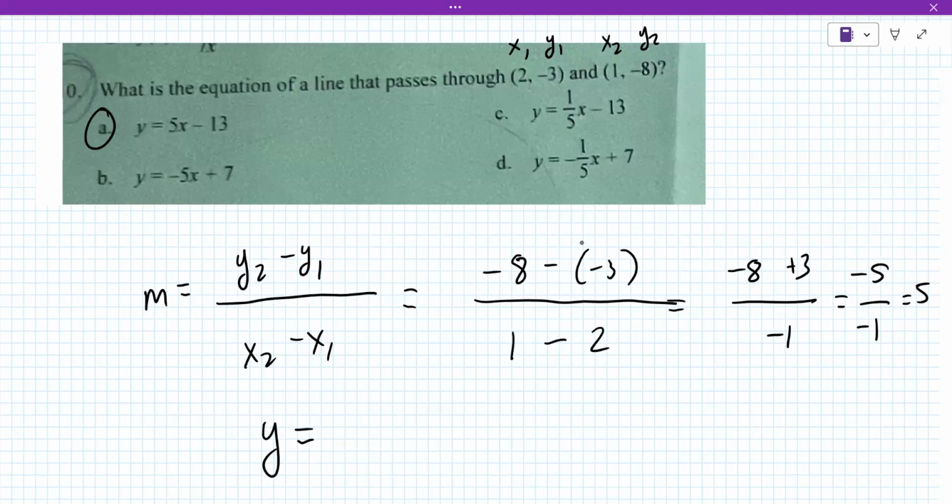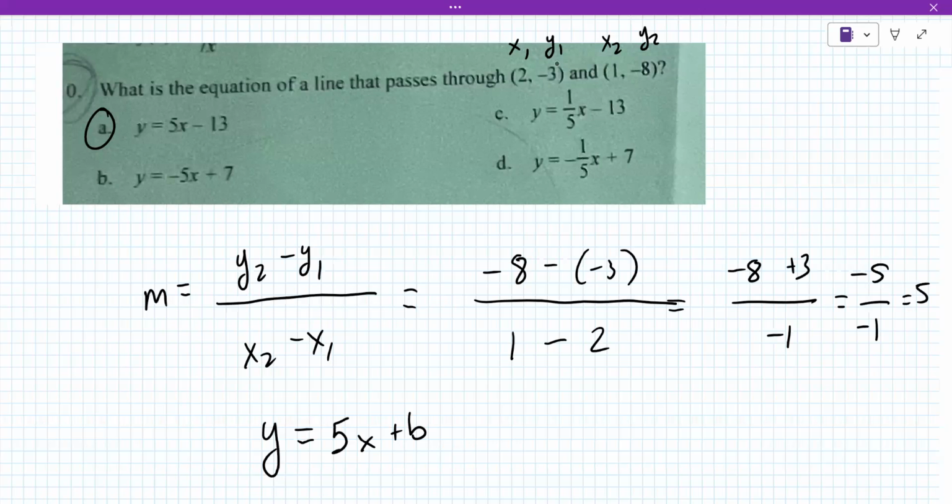I'll give you some more slope to do, but let's say you wrote y equals 5x plus b. To find b, you have to use one of the ordered pairs. So do you want to use the first ordered pair or the second ordered pair? The first one.